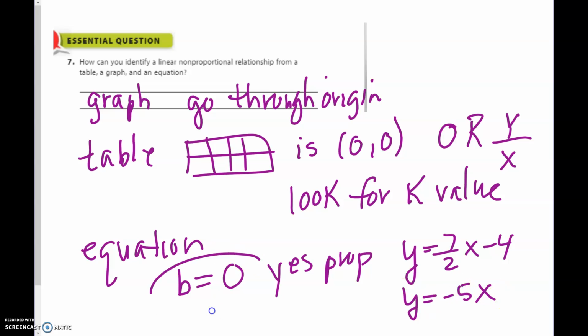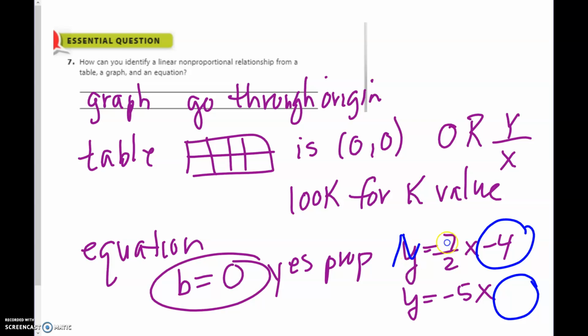Okay, we're looking for that b value. Okay, b is the thing that comes at the end. So this top one has a number. It's not 0, so this one is not proportional. And the second one has a 0, because remember, lazy mathematicians just don't write this. So yes, this one is proportional.